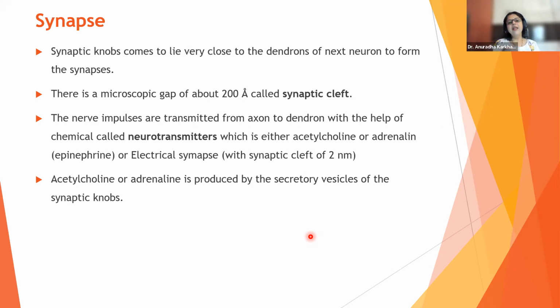Or electrical impulses, they have a very small cleft, 2 nanometers. Acetylcholine or adrenaline is produced by the secretory vesicles of the synaptic nerves. We have seen how the secretions are carried via these small vesicles, which then merge with the dendrites of the next cell body. Correct? So we have seen how the whole synapse is created. Agreed?